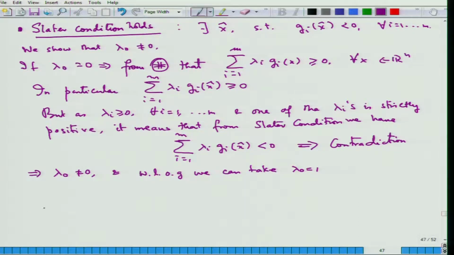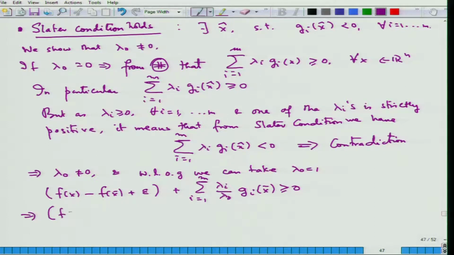So, I will divide by lambda naught on both sides to have f x minus f x bar plus epsilon plus summation lambda I by lambda naught, now I will call this as lambda I bar.